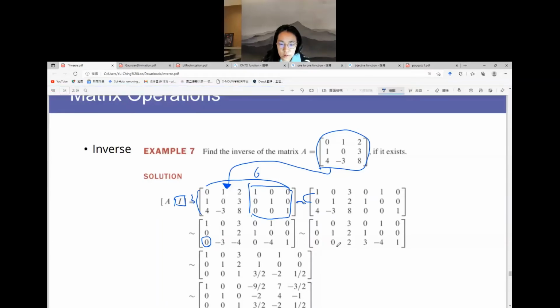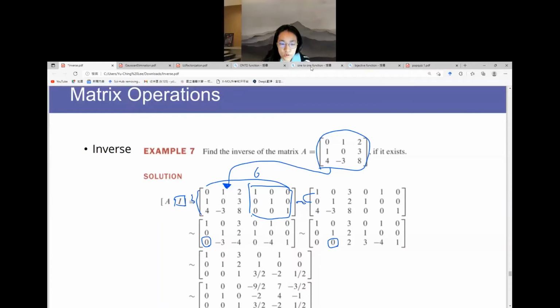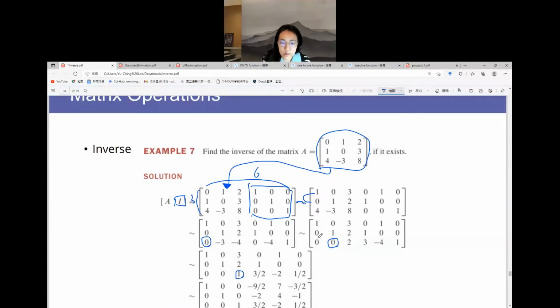And then the next matrix further reduces this position to 0. And then this position becomes 1, which is reached by dividing the third row by 2, for all components of the third row.